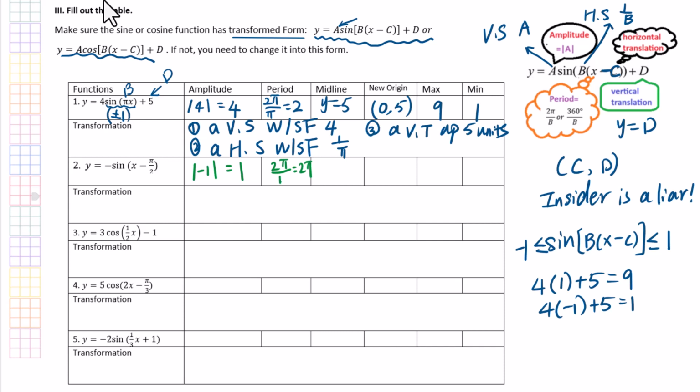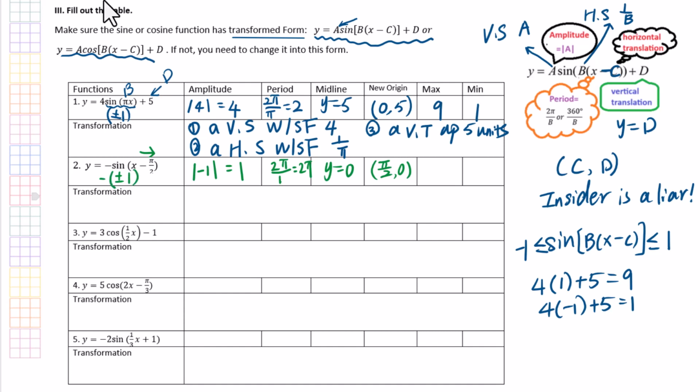Midline. D equals 0. So y equals 0. The new origin. Horizontal translation to the right, pi over 2. So pi over 2, 0.